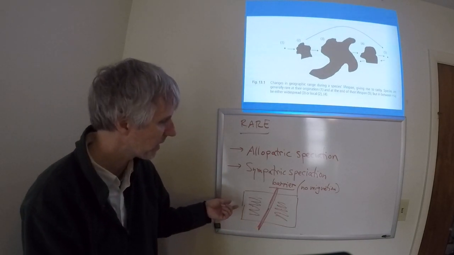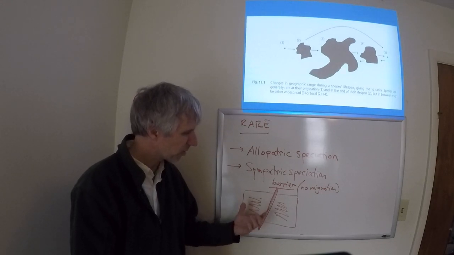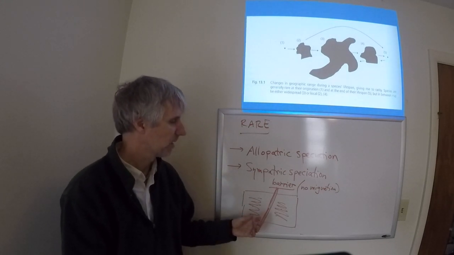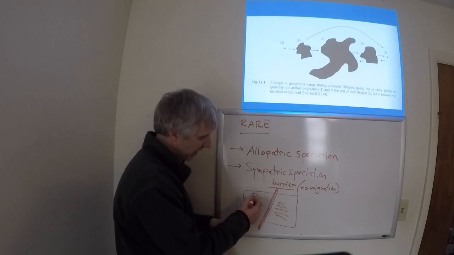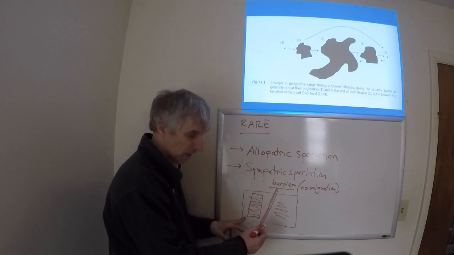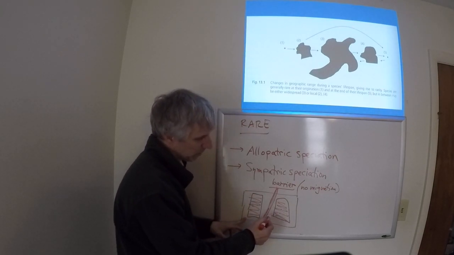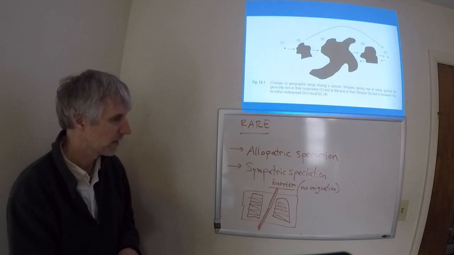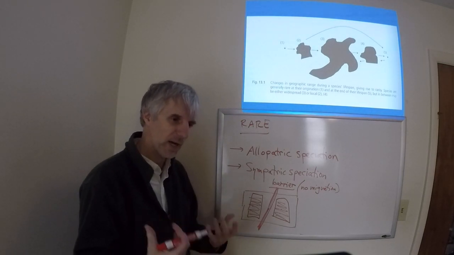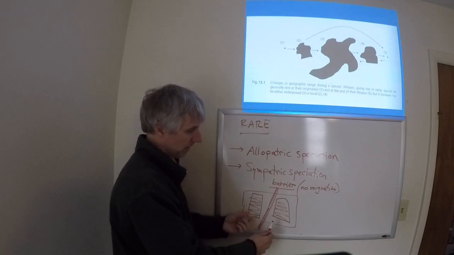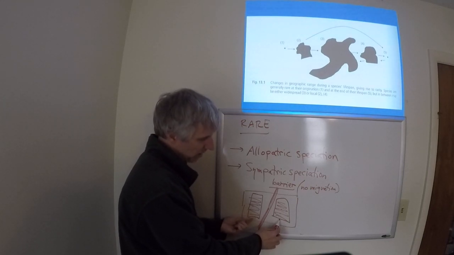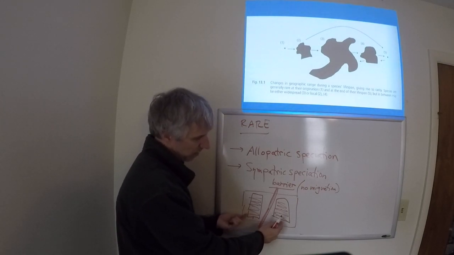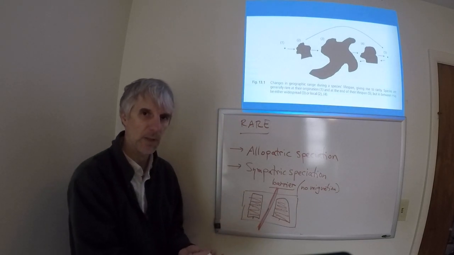Now, as part of this barrier being placed, I have a finite number of individuals on this side, and I have a finite number of individuals on that side. And once I have this finite population size, by definition, these two populations are smaller than the original population.